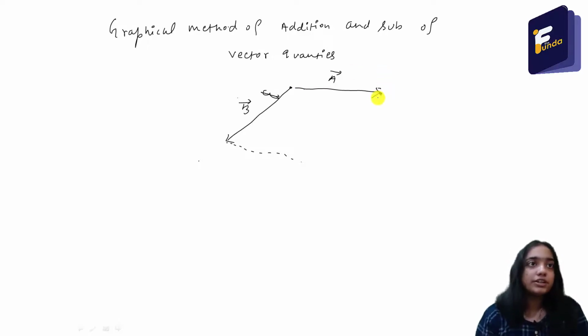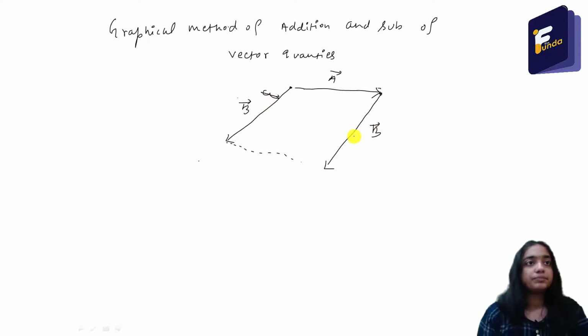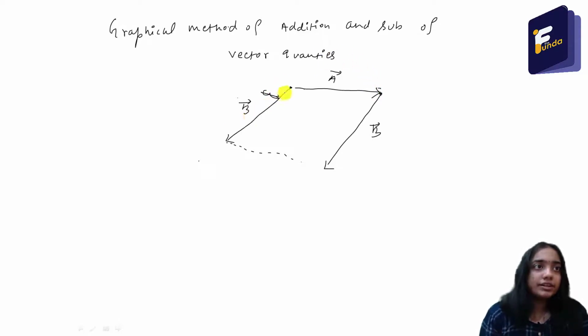So after parallel shifting, B will be here. This is the same vector B. Adding vector A to B here is the same as adding like this, because I have just parallelly shifted it.